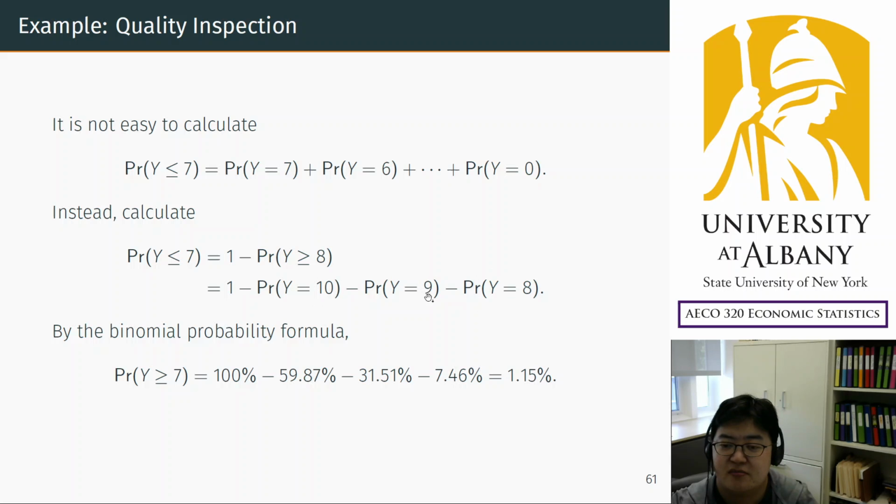It is easier to calculate 3 probabilities than 8. That's how we are going to calculate the final probability of rejecting the batteries: calculate 3 of them and subtract from 100%. That's another way to handle a probability defined by an inequality.